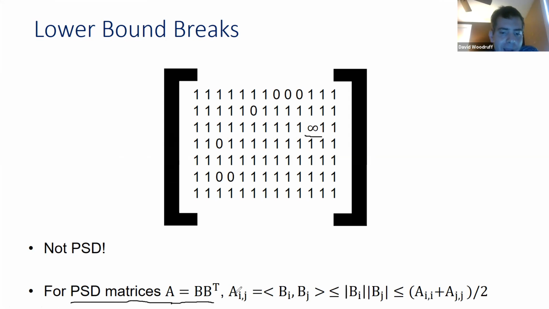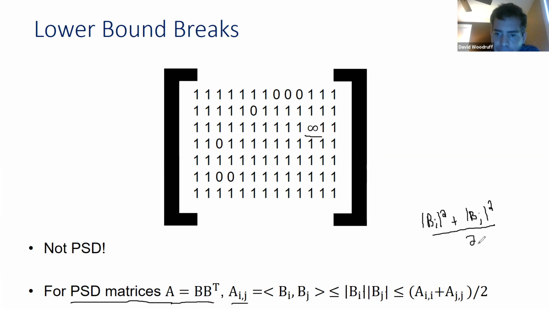And so if I want to look at the ijth entry of my PSD matrix, well, it's just the dot product of the ith row of B and the jth column of B transpose, also called the jth row of B. So just the dot product of Bi and Bj, which by Cauchy-Schwarz is at most the Euclidean norm of Bi times the Euclidean norm of Bj, which by the arithmetic mean geometric mean inequality is at most the squared norm of Bi plus the squared norm of Bj over 2.